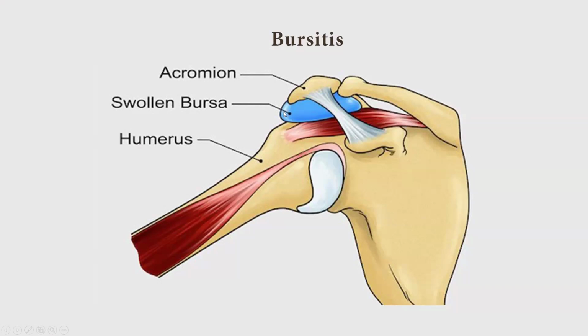Now, with bursitis, like I said earlier, the bursa itself is a sac of fluid, and it is there intentionally to provide cushioning between two joints. If you didn't have the bursa, it would be really painful every time you lifted up your arm, because the bone of your collarbone and your arm would compress into each other.